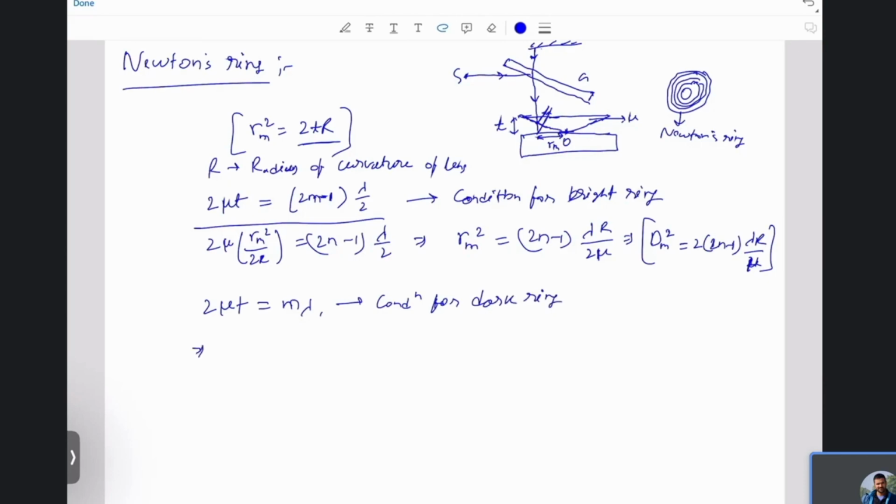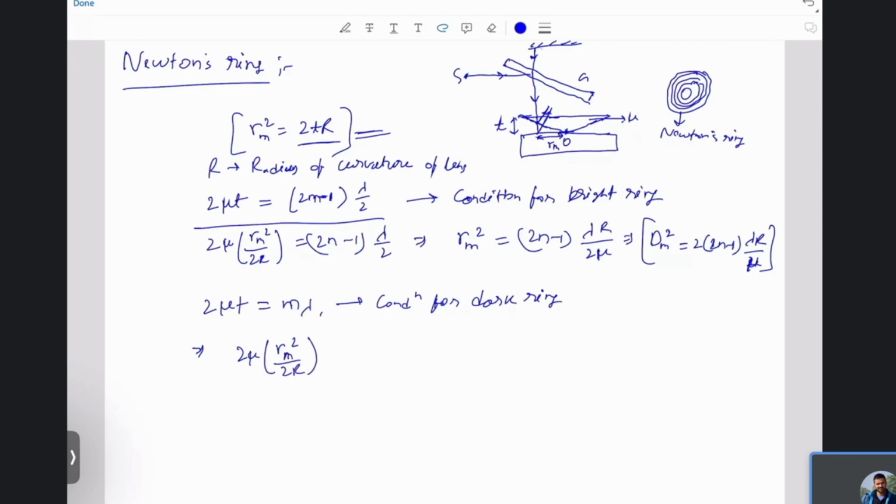So, and again you can put, in place of t from this formula, rm square by 2r.